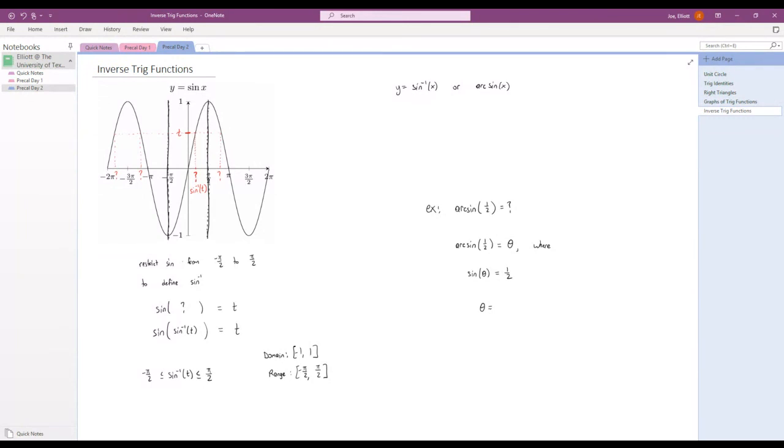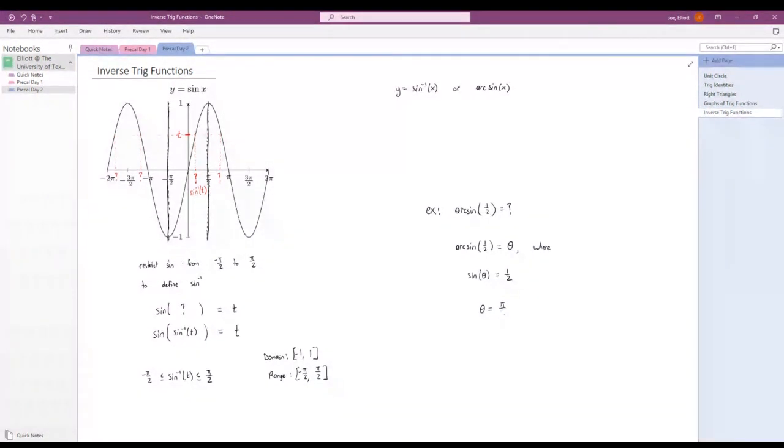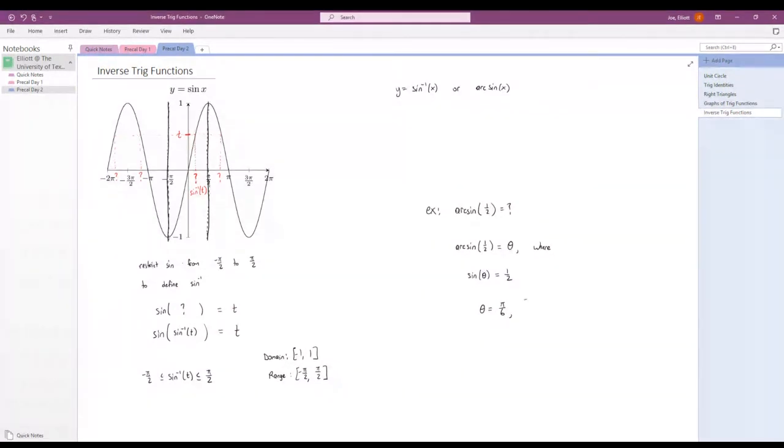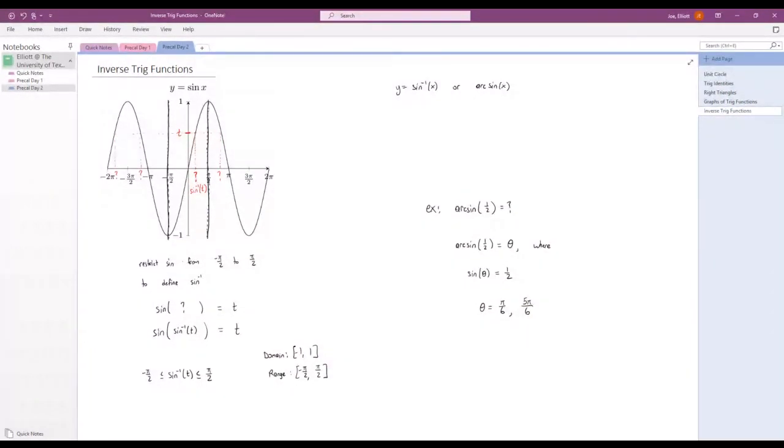Pi over 6 in the first quadrant, and 5 pi over 6 in the second quadrant. So at least those would be the solutions between 0 and 2 pi.